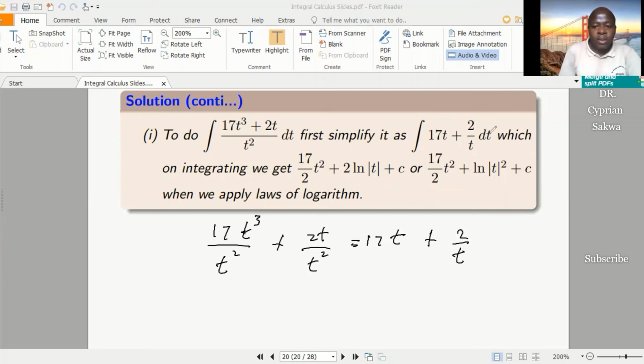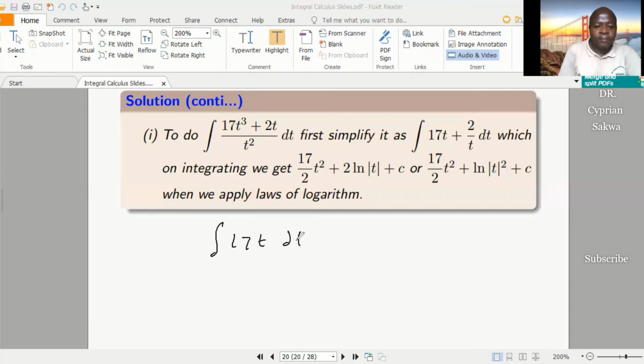Now this is what we integrate, and when you integrate this, what you get is the same as integrating 17t dt plus integrating 2 out of t dt. But this one, you know, is 17t squared out of 2, and this other one we know is the same as 2 times the integral of 1 out of t dt. So what is the answer?